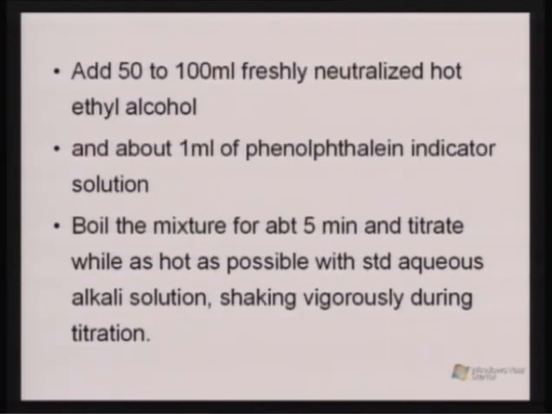Add 50 to 100 ml freshly neutralized hot ethyl alcohol and about 1 ml of phenolphthalein indicator solution. Boil the mixture for about 5 minutes and titrate while as hot as possible with a standard aqueous alkali solution, shaking vigorously during titration.